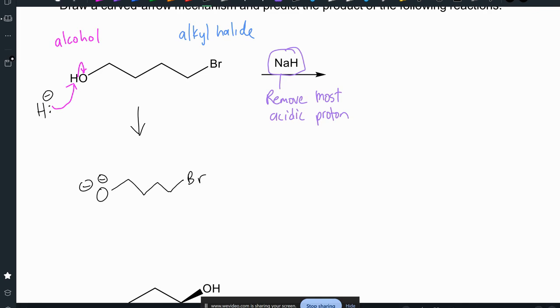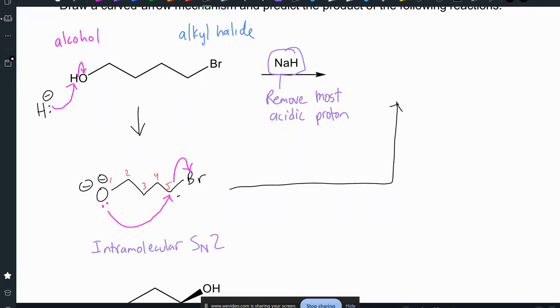That gives me an alkoxide, which is a good nucleophile. And when I have a good nucleophile and an alkyl halide in the same molecule, I can do an intramolecular SN2 reaction. That's going to give me a 1, 2, 3, 4, 5-membered ring. Again, this is an intramolecular SN2, and it gives me a 5-membered ring.